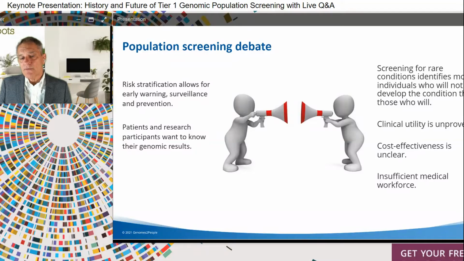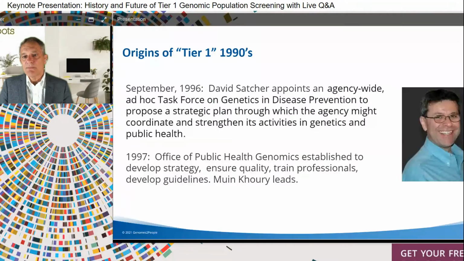Now, the story of the so-called CDC Tier 1 conditions actually begins in the 1990s, when the then director of the CDC, David Satcher, decided that the CDC should have something going on in genetics. And so first, as government types often do, appointed a task force to propose a strategic plan.